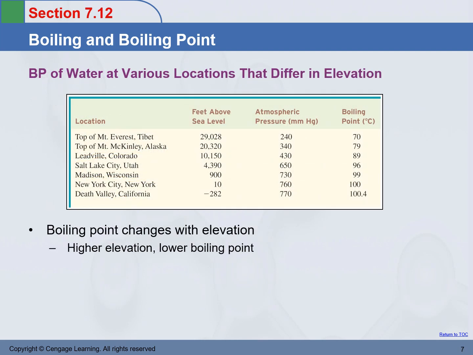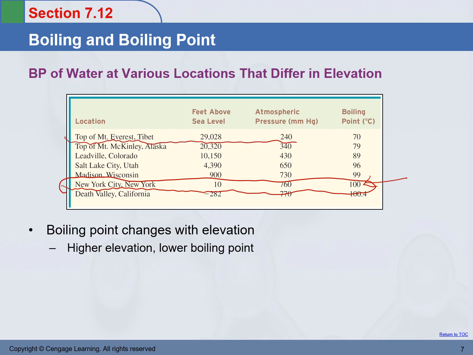Here are some boiling point data for different spots on the Earth. Us, we're close to New York City. Water here boils at around 100 degrees Celsius. Look at the top of Mount Everest, Tibet. Their water boils at 70 degrees Celsius, 30 degrees lower than us.